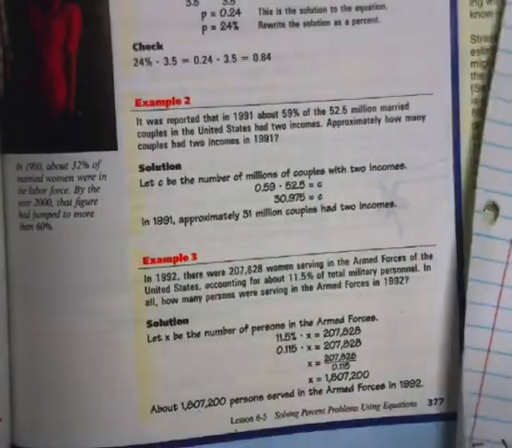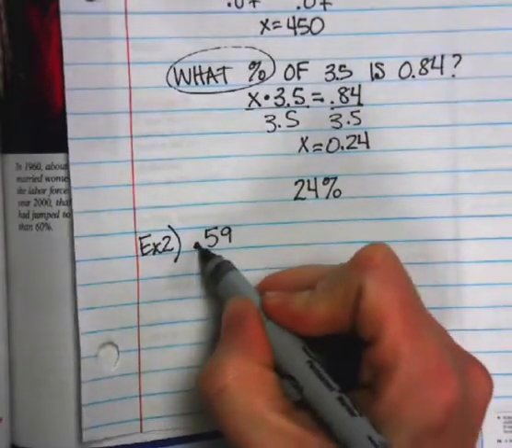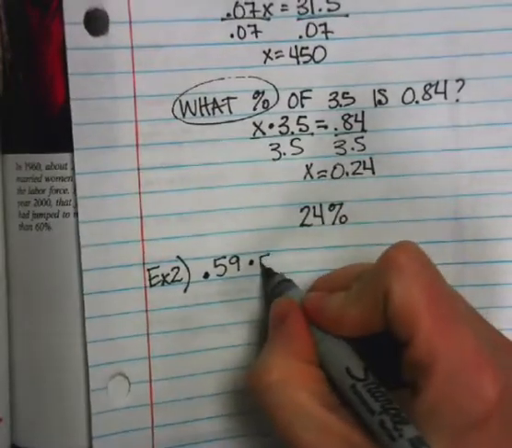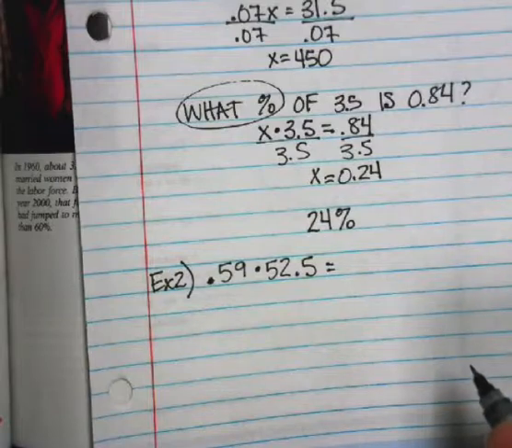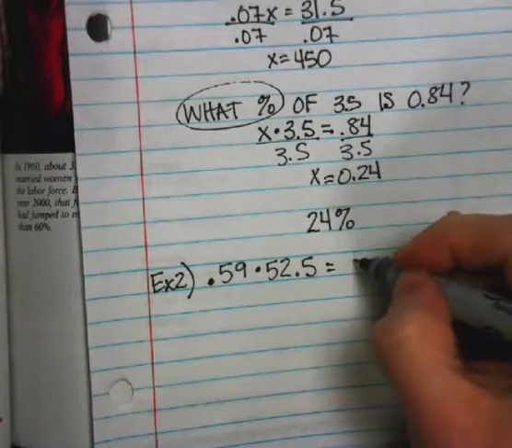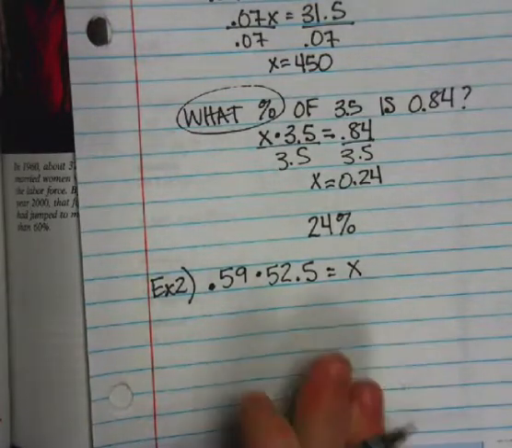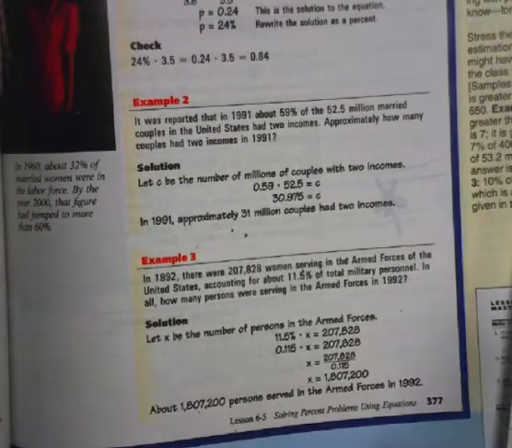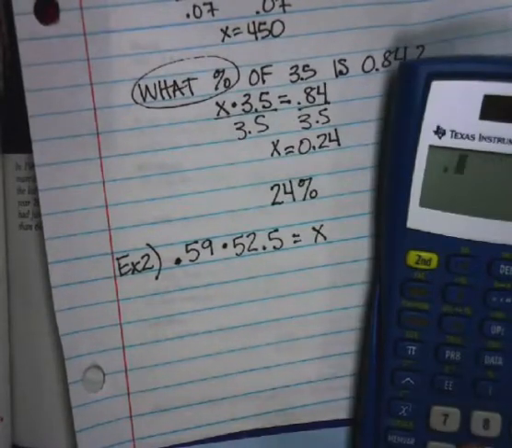So we said 59% of the 52.5 million is going to give me some number. Okay, so again, we could just go ahead and solve this.